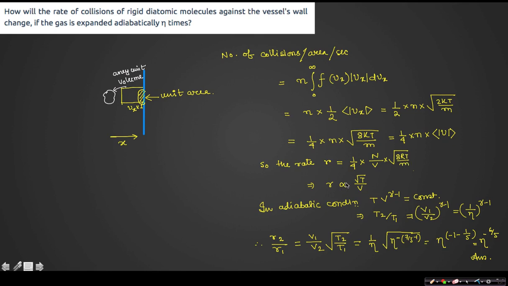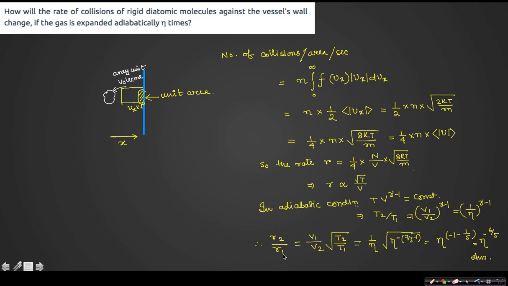So for a particular vessel where the number of molecules remains constant, it is proportional to root T by V. Now in adiabatic condition, we know that T into V to the power gamma minus 1 is constant. So T2 by T1 is V1 by V2 to the power gamma minus 1, which is 1 by eta to the power gamma minus 1.